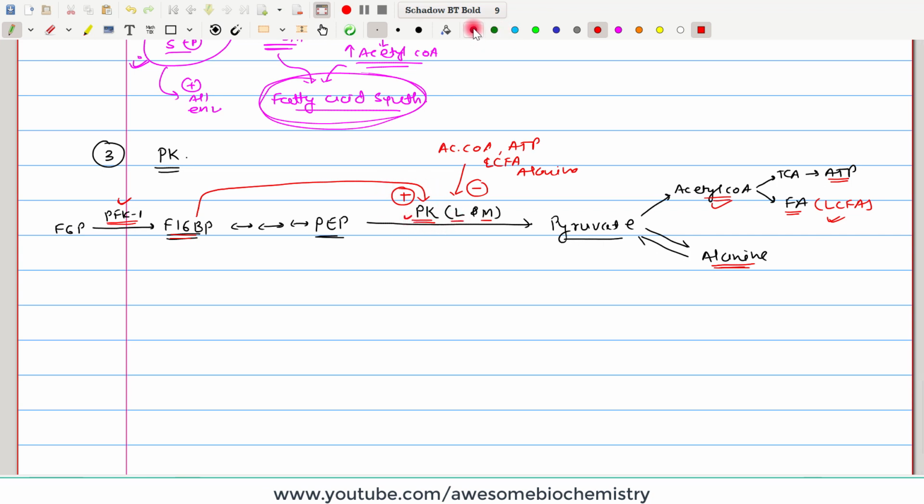But there is something more to the story, especially for pyruvate kinase of L type. Remember, L type is present only in the liver. What happens is that pyruvate kinase L type is regulated by covalent modification of the protein by phosphorylation or dephosphorylation.